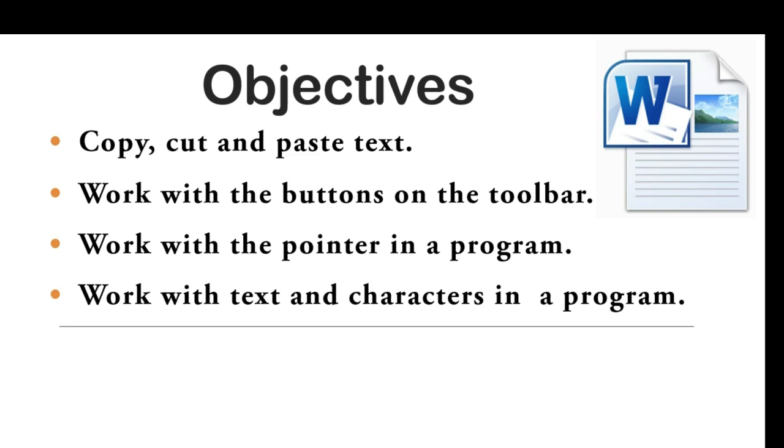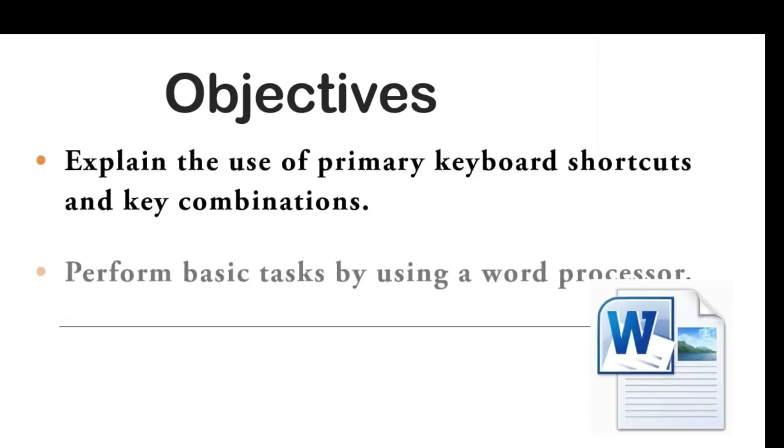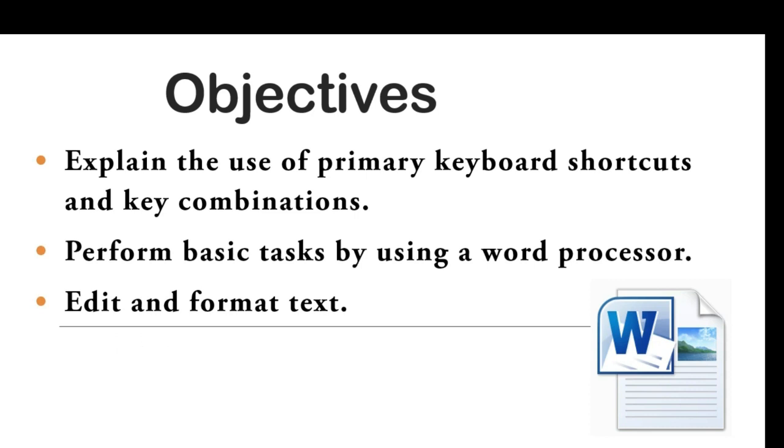We shall also explain the use of primary keyboard shortcuts and key combinations when you are working in Microsoft Word, so that you don't have to be using the pointer through all the work you are doing.